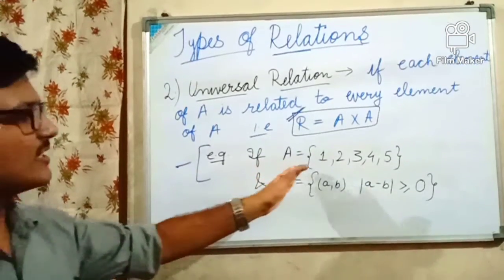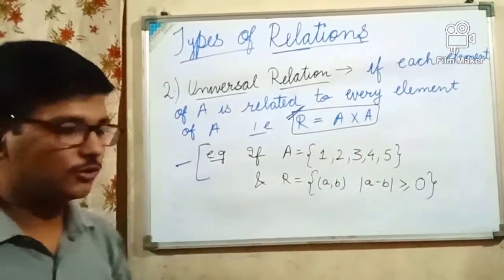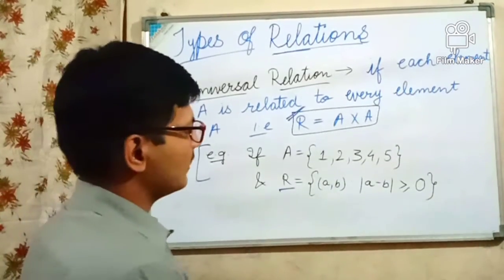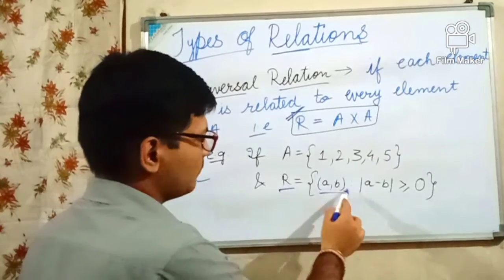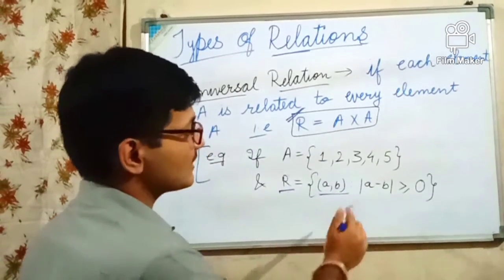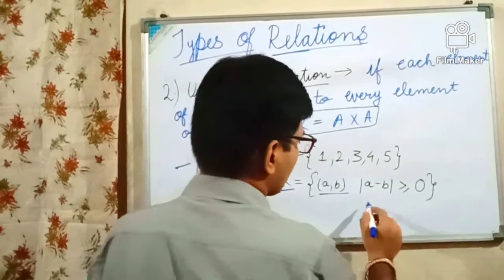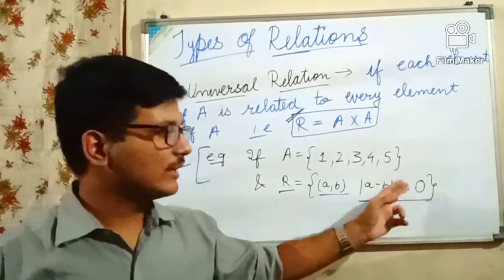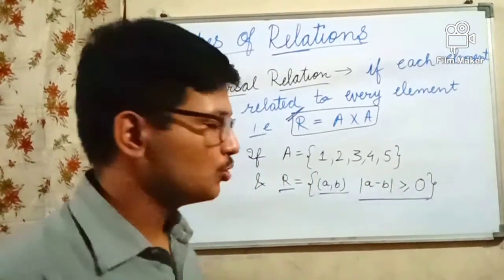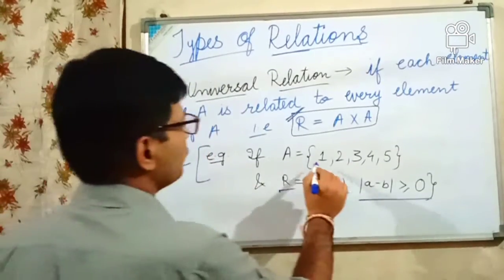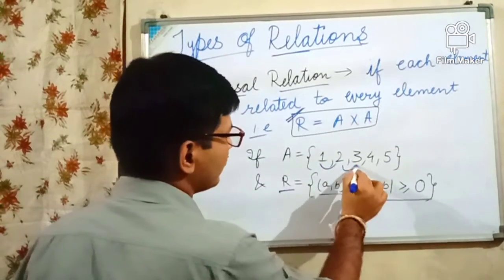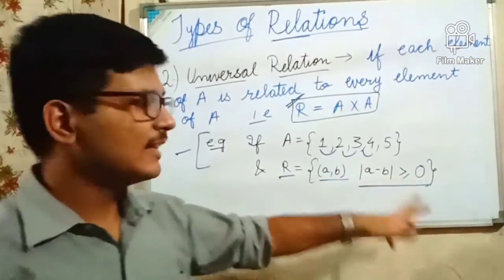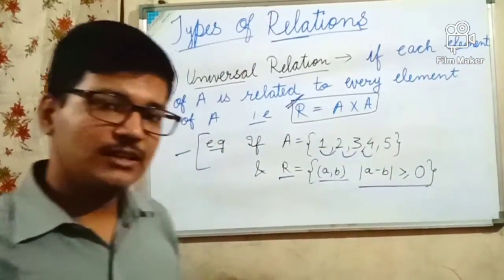Let we have a set A again, 1 2 3 4 5, but this time we define a relation R such that the ordered pair (a, b) such that the modulus of a minus b should be greater than or equal to 0. मतलब हम कोई भी दो एलिमेंट्स अगर सेट A के लें तो उनके जो डिफरेंस का मॉड्यूलस है that should be greater than 0.